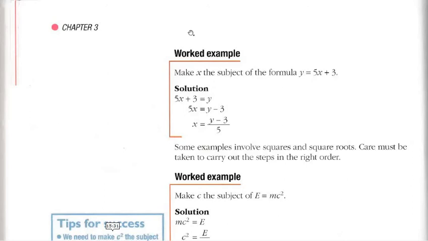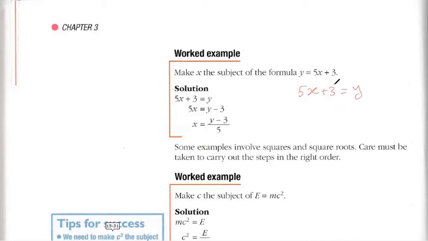Now, another example. Make x the subject of this formula. y equals 5x plus 3. To make x the subject, we can just change the sides: 5x plus 3 equals y.